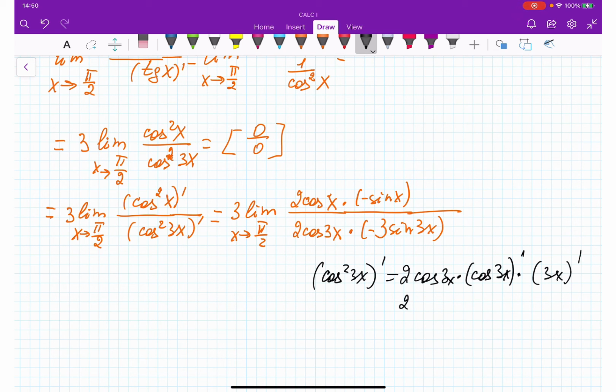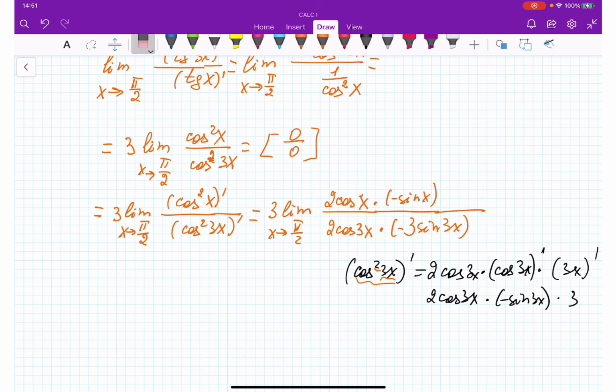First we take the derivative of the square, then the derivative of cosine 3x, and then the derivative of 3x. Okay? So cosine 3x times the derivative of cosine 3x, which is negative sine 3x, and the derivative of 3x is 3.